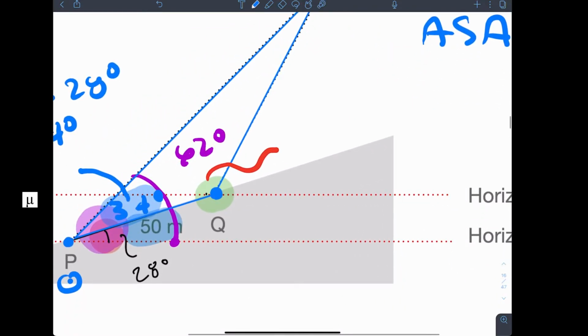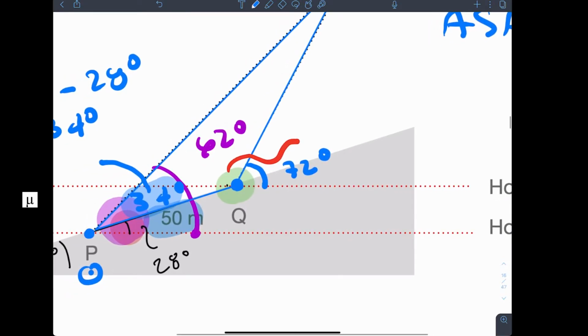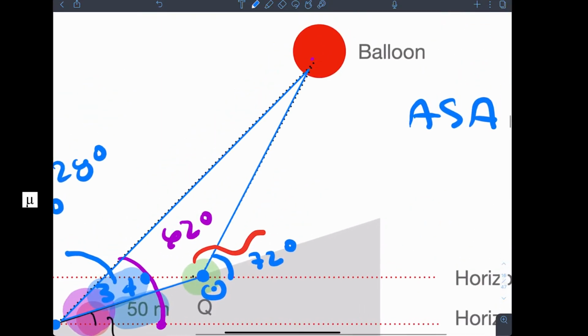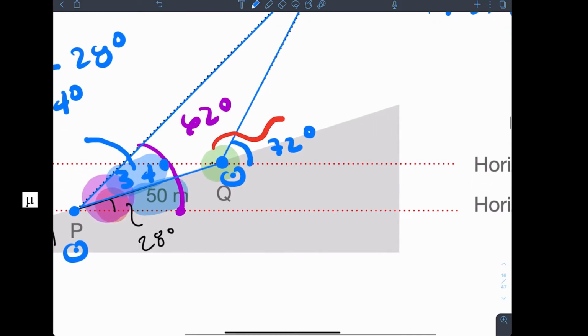So this measures what? 72. That's the definition. Okay, because you have an eyeball at Q now, an angle of elevation. Horizontal and what? Object.